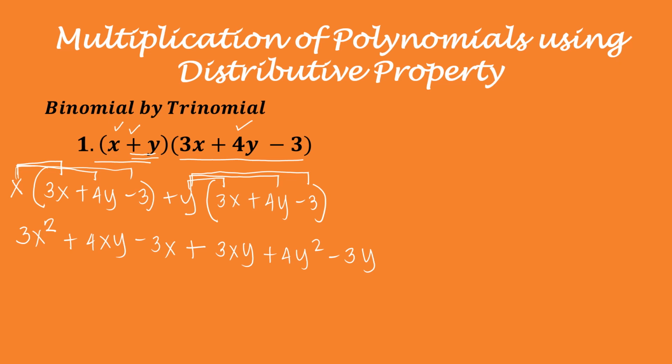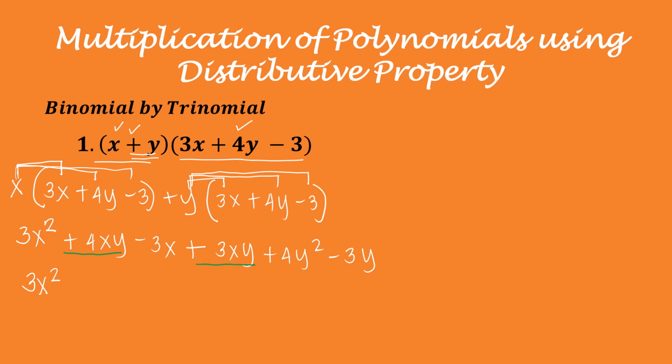So let us examine if there are terms that need to be combined. Okay, let's now proceed. Do we have another x squared? No, there's none. So therefore, we have to rewrite the 3x squared. But so far, we have the positive 4xy and the positive 3xy.